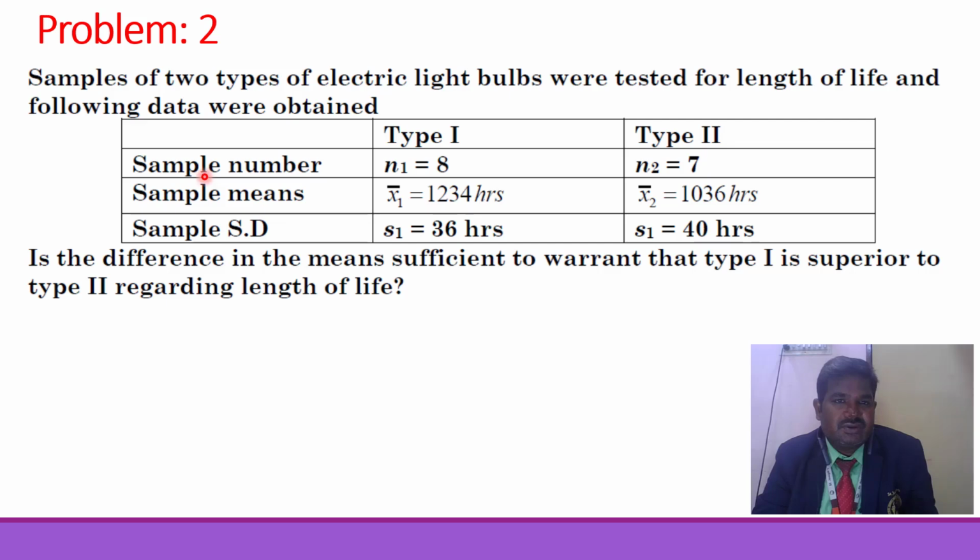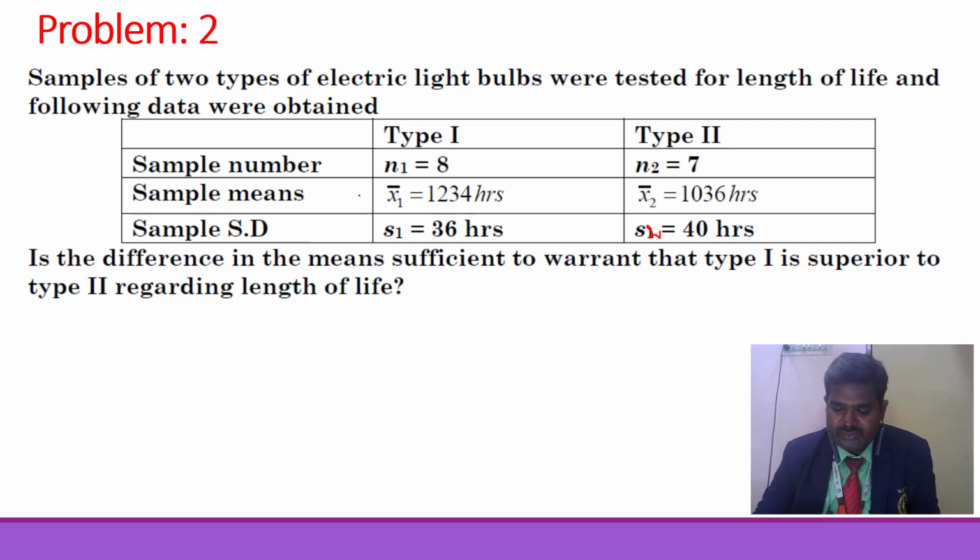Type 1: sample size n1 is 8, type 2: n2 is 7, sample mean x1 bar is 1234 hours, x2 bar is 1036 hours, sample standard deviation S1 is 36 hours, S2 is 40 hours. Is the difference in the means sufficient to warrant that type 1 is superior to type 2 regarding length of life?